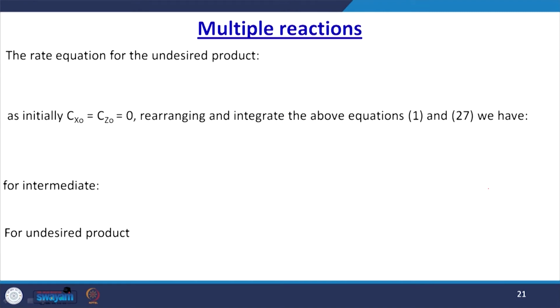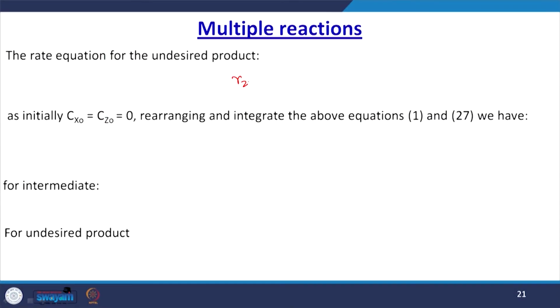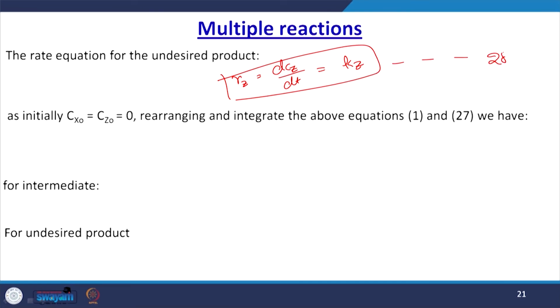So the rate equation for the undesired product can again be written like this: Rz is equal to dCz upon dt is equal to Kz. Now you can write that as equation number 28.